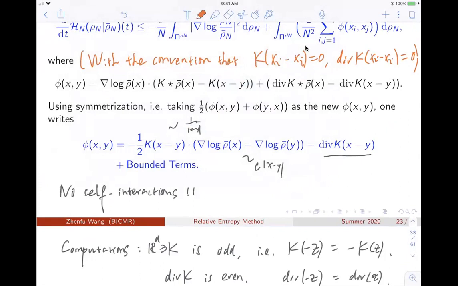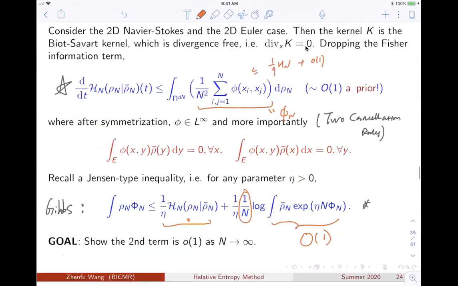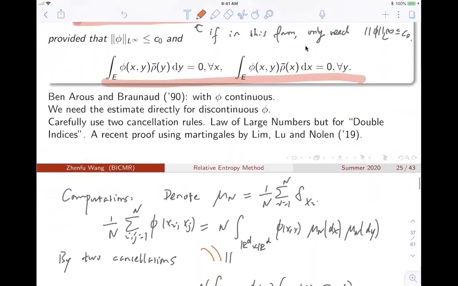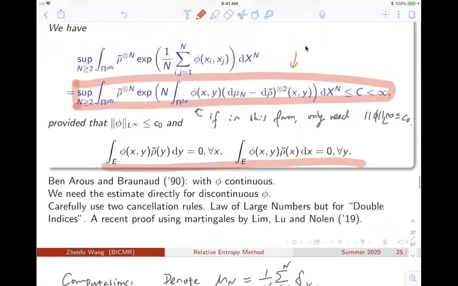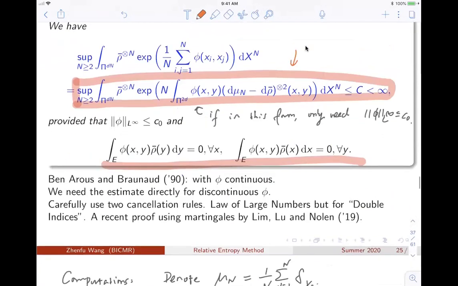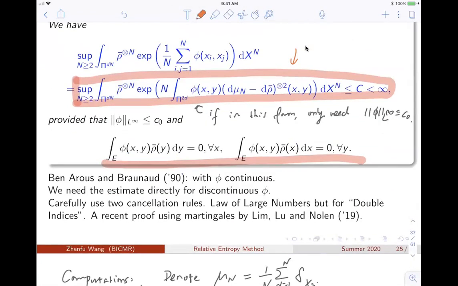If we choose K to be the Biot-Savart kernel, we can show this phi is bounded, but it is not continuous. Even though it is bounded, it can be discontinuous, so we cannot use the classical work. So we do the estimate directly using combinatorics. I will show it briefly later.